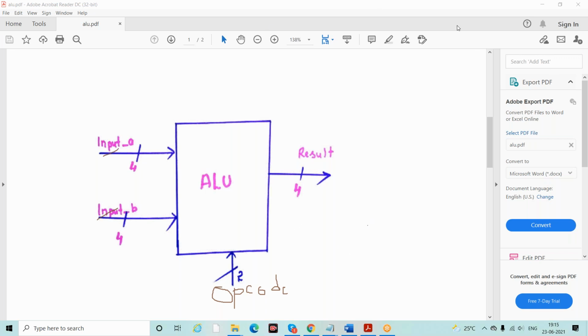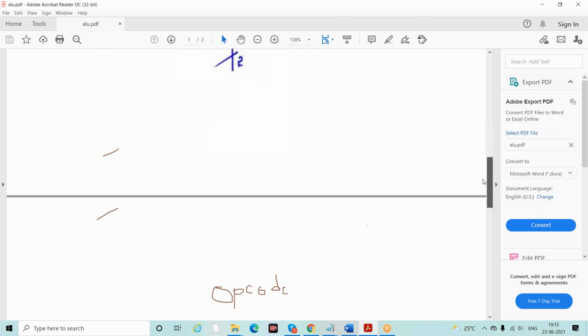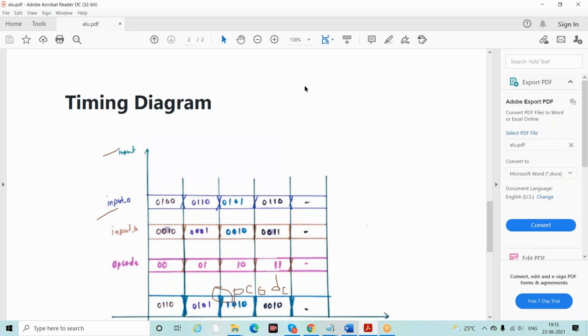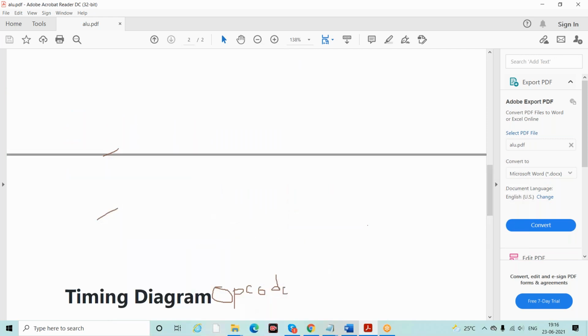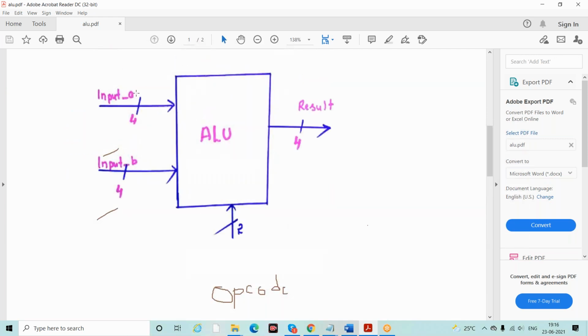So now, okay, the timing diagram we can discuss later. Now we will discuss the truth table for this. Truth table means what?